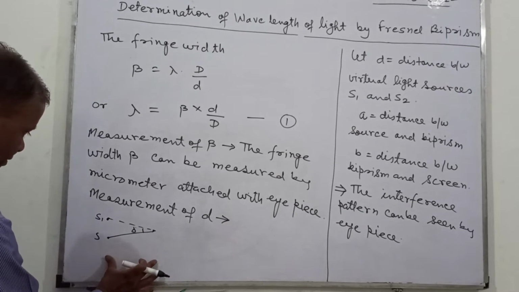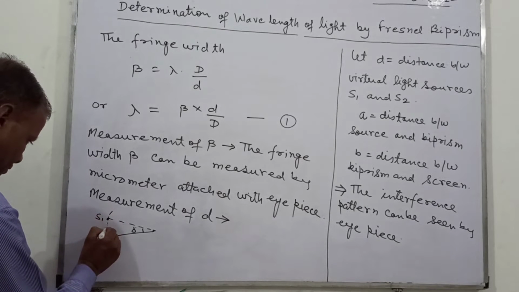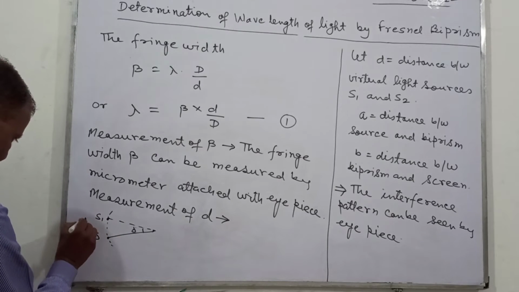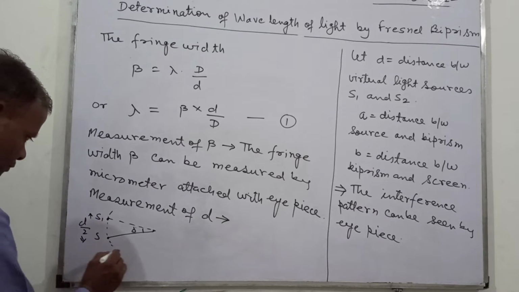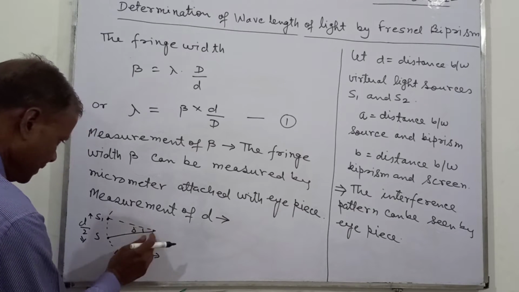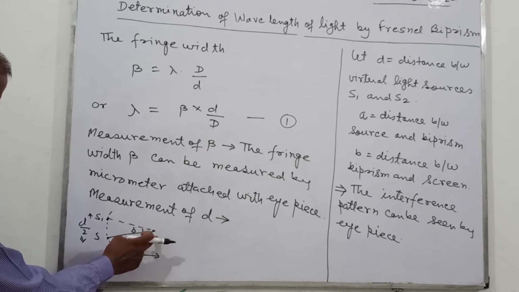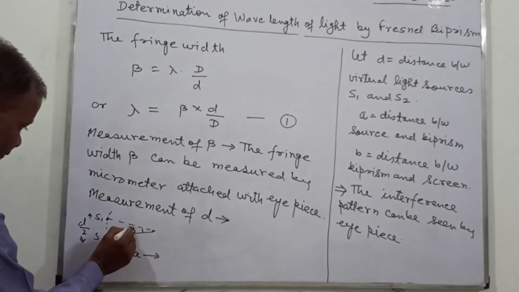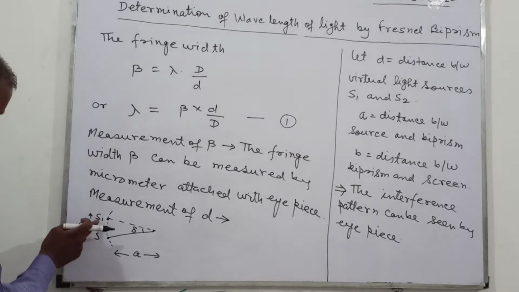And this distance is equal to a. So now we can take this as a circular arc. This distance is d by 2, and this distance is a. Here we have the biprism, so the distance between the source and the biprism is a. This angle of deviation is delta, and this is distance d by 2.